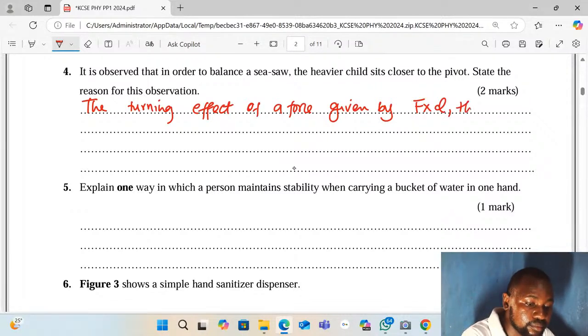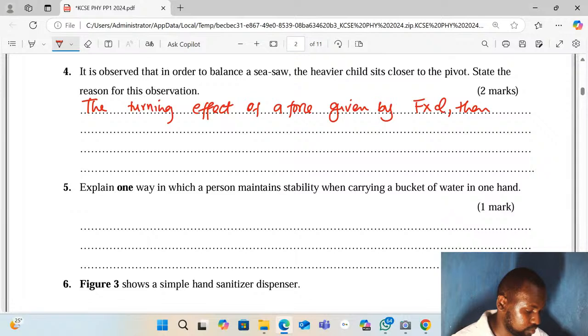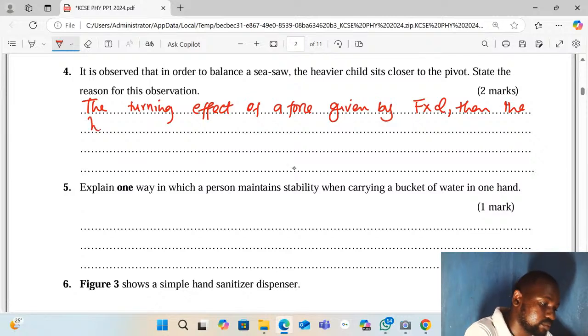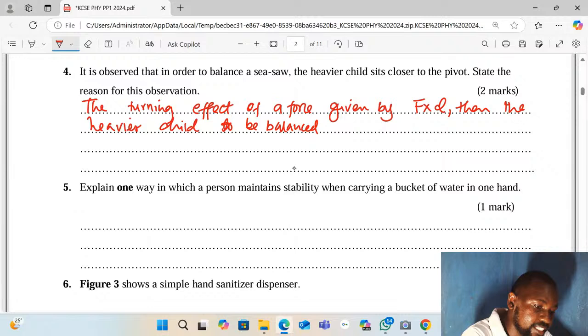Then for the heavier child to be balanced, the distance should be reduced.